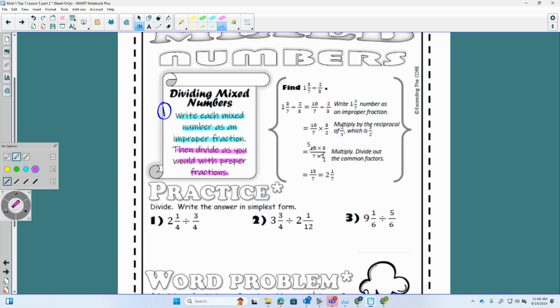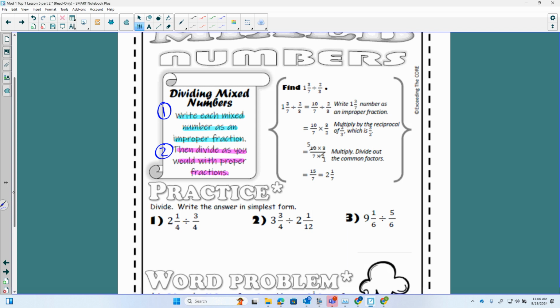So in other words, now you go back to the algorithm that we were just doing, where we do our keep, change, flip. Remember what we're doing is multiplying by the reciprocal, because it's really difficult to think about dividing by fractions. Dividing by pieces doesn't make sense. In order to do it mathematically, our divisor has to be a whole number. So instead, we're going to multiply by the reciprocal because it gets us the same answer.